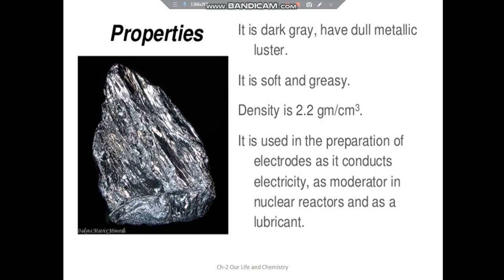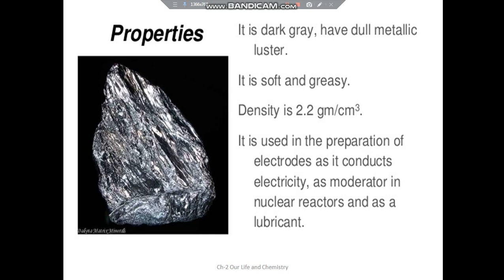Because of this free electron, graphite is able to conduct electricity, and hence it is a good conductor. Also, graphite's melting point is very, very high. Since graphite is slippery, it is a very good lubricant, and it is grey in color and has a tendency to leave a mark on paper. It is used in making lead pencils.